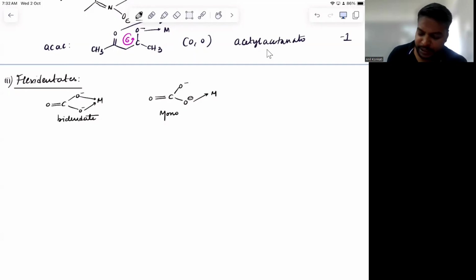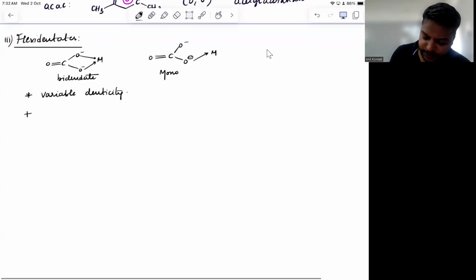So depending upon the demand of the metal, it might give a mono connection or a di connection. So such cases are called flexidentates. So they show variable denticity. Okay.